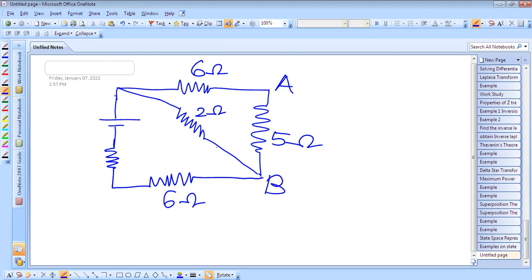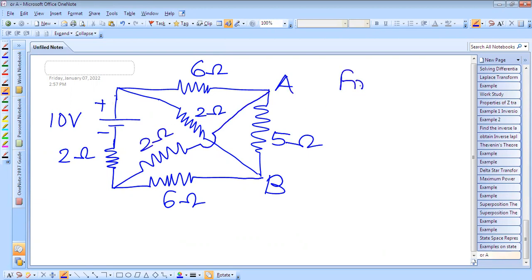The network given to you is like this. The voltage source is 10 volt. This is 2 ohm, and there is one more resistance. And this is also a 2 ohm resistor.